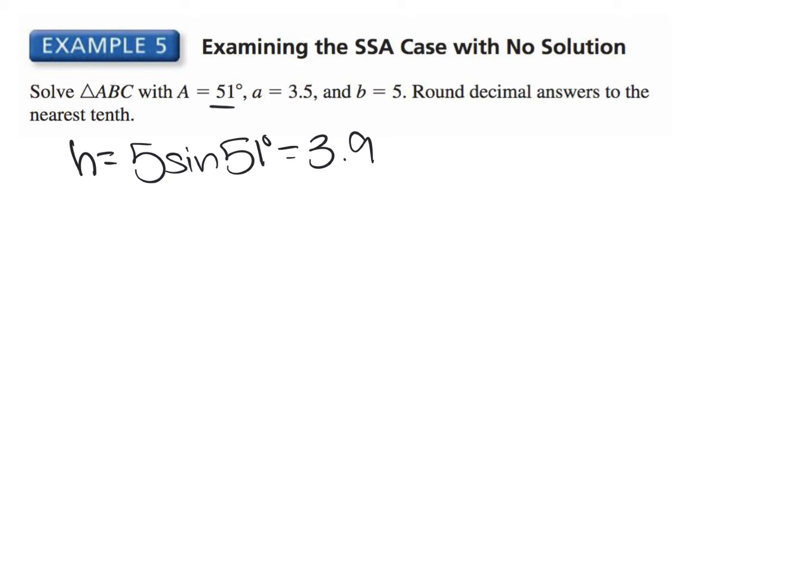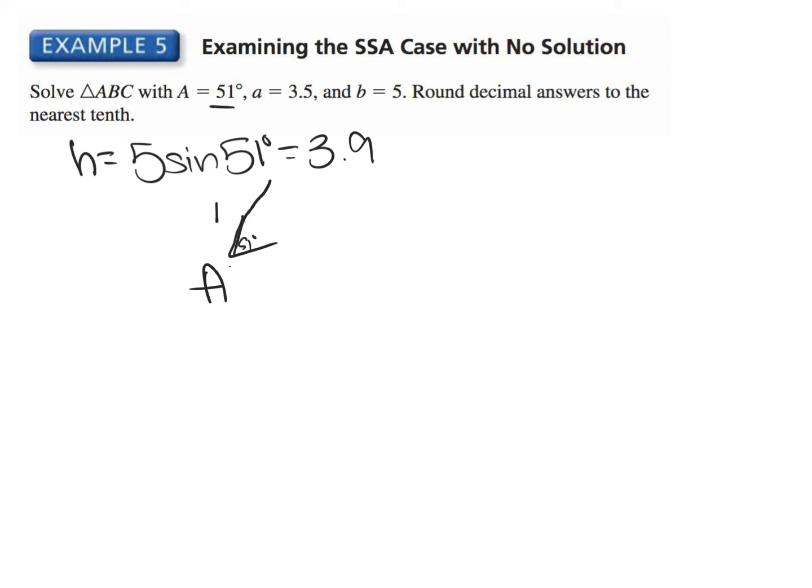So let's go ahead and build this. If I have 51, that's looking like that. 51 degrees in there, and that's A. Then we have side B, which is 5.